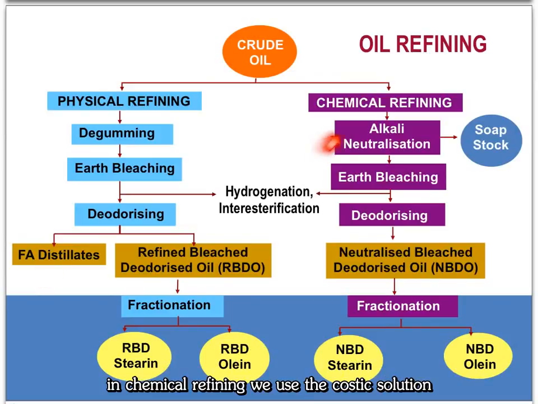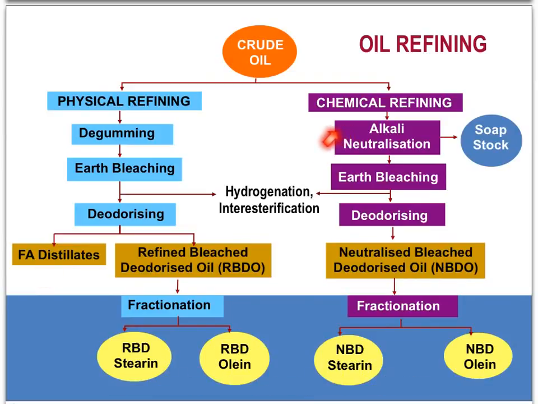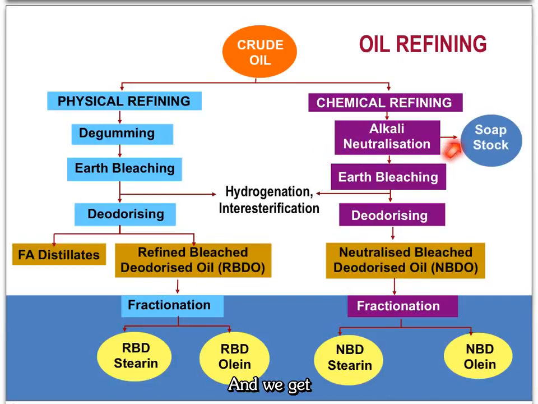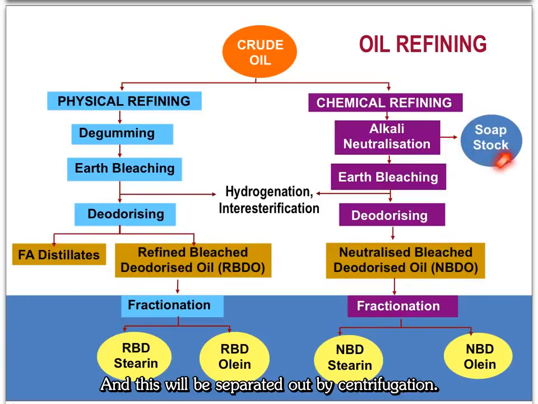In chemical refining, we use a caustic solution. So the free fatty acid in the crude oil will be neutralized by the alkali neutralization process, and we get a byproduct called soap stock, and this will be separated out from the oil by centrifugation.